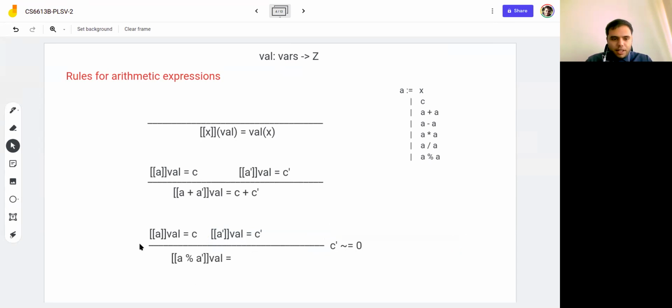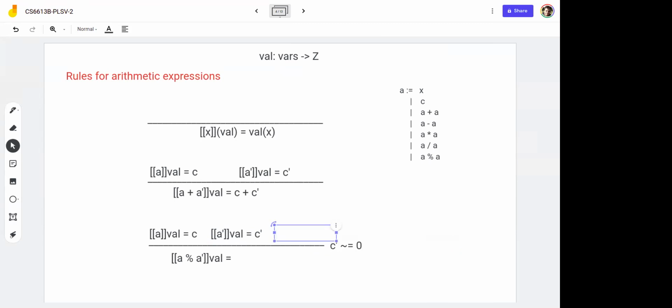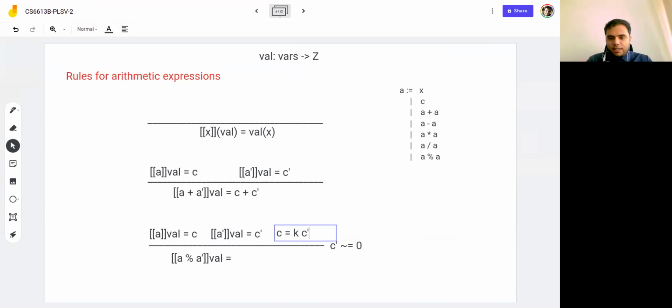But other than that, we also have to give a formal definition of mod. And this is easy. If C is k C prime plus D and D is less than C prime, then this would be D. Right.